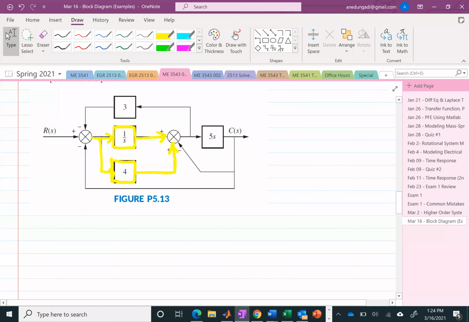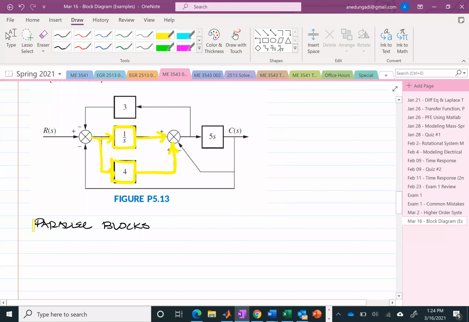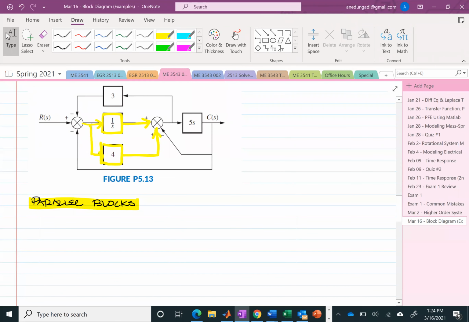Okay, so let's continue. We have parallel blocks. So let us take advantage of the parallel blocks.